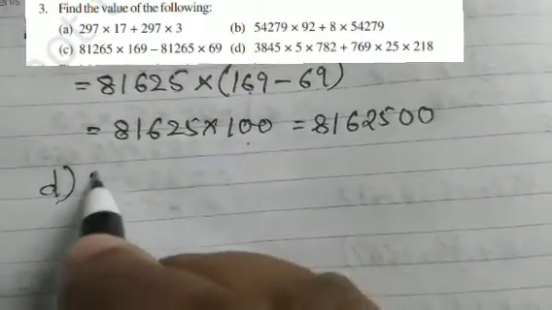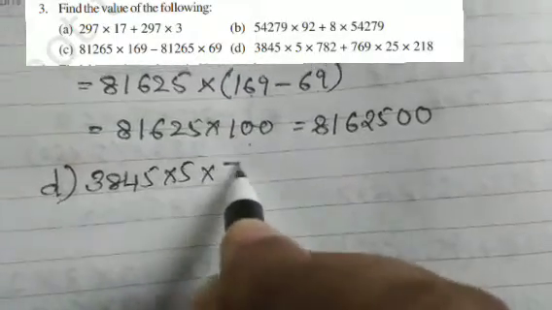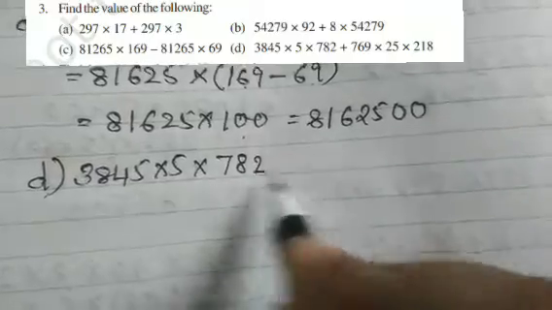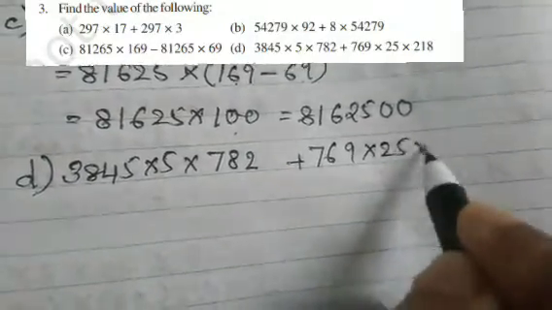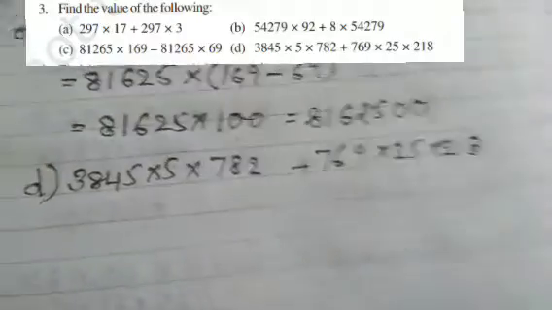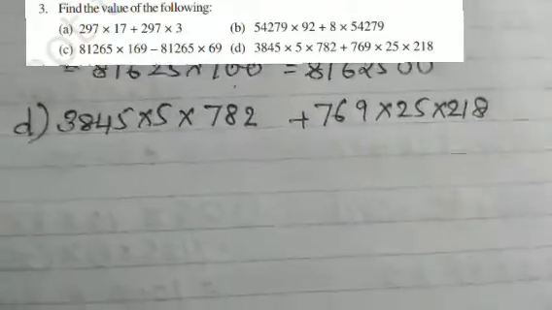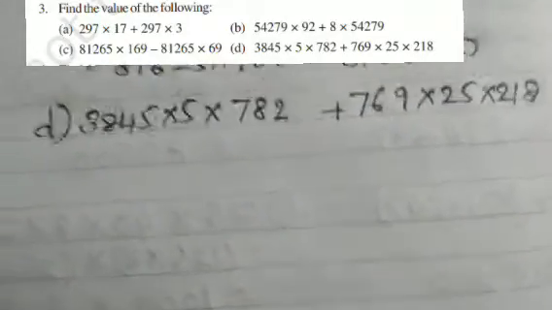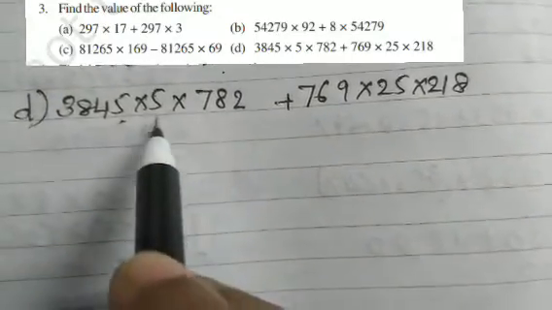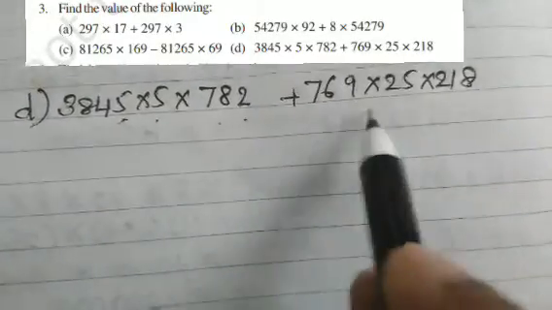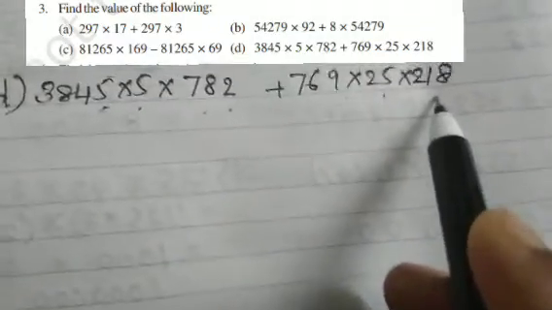The next question is 3845 into 5 into 782 plus 769 into 25 into 218. So I have got this. Fine. So now in this case, what do I do? I have got 3845 into 5 into 782, and here I have 769 into 25 into 218.